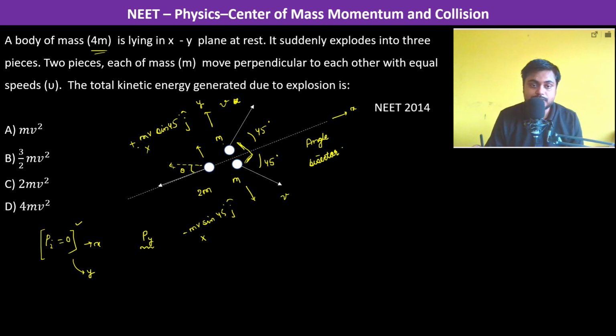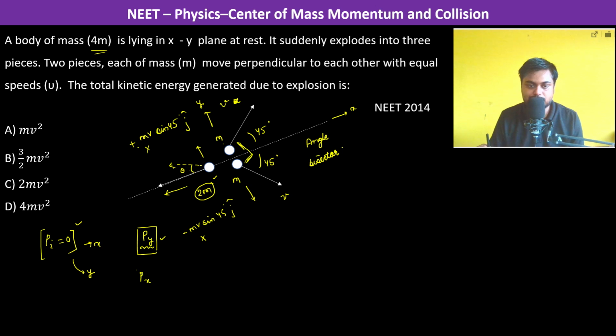So there is no option for this 2m but to travel along the angular bisector in the opposite direction. That's what we saw in terms of y direction momentum conservation.